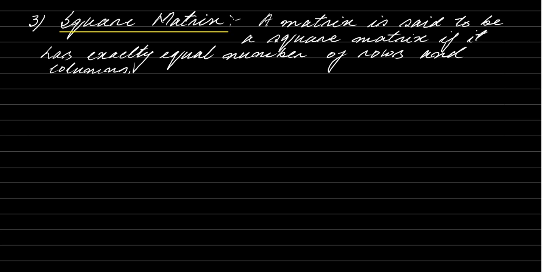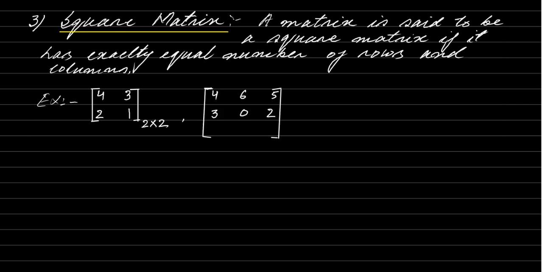For 4 rows, 4 columns. So we may give an example for a square matrix like this: a square matrix of 2 by 2 order because there are 2 rows and 2 columns. The next example is a square matrix of 3 by 3 order because there are 3 rows and 3 columns. So 3 by 3.